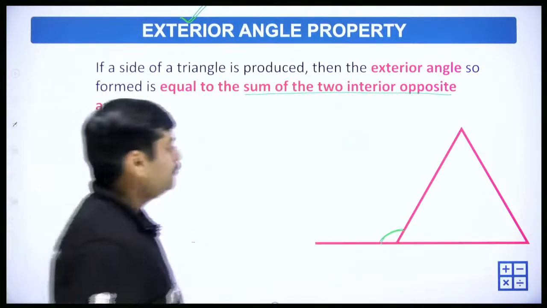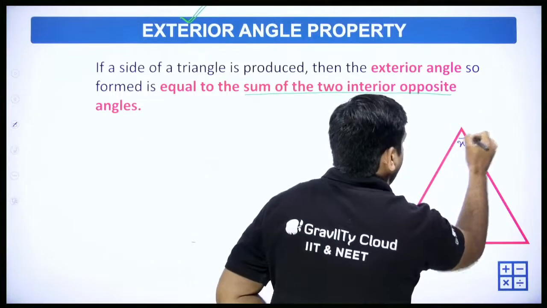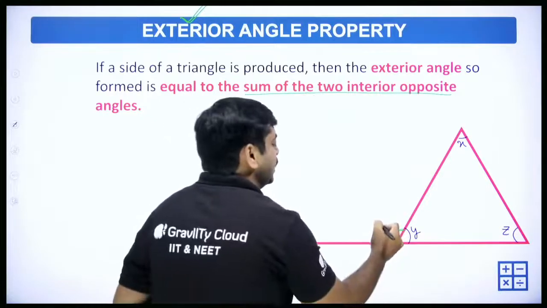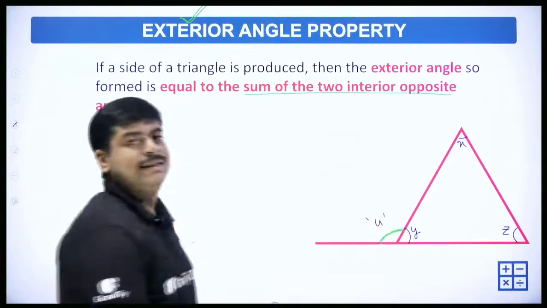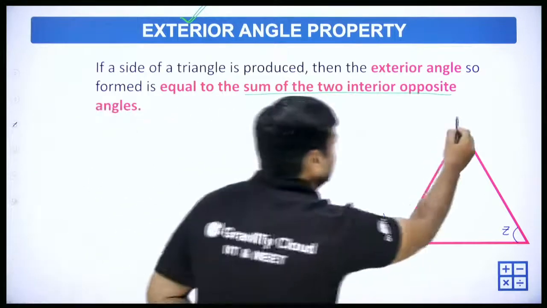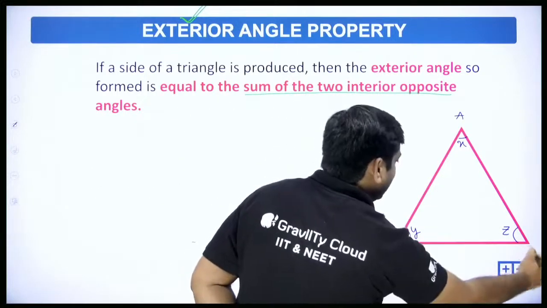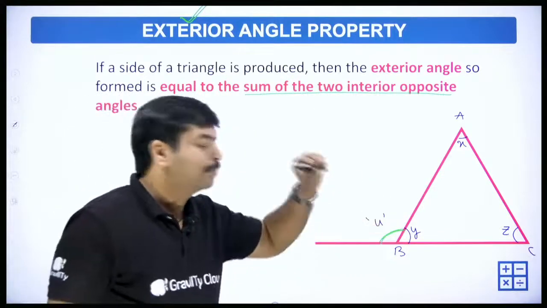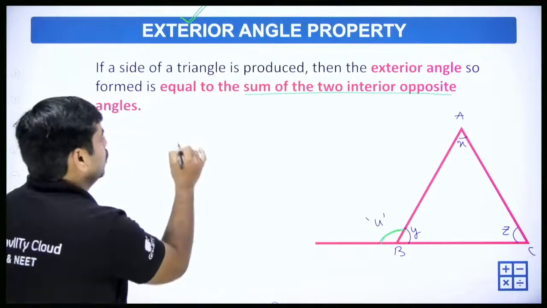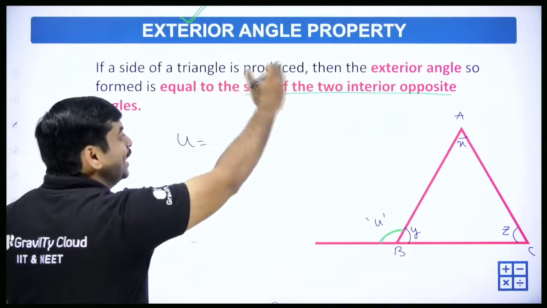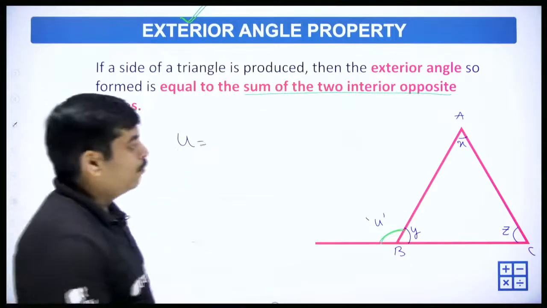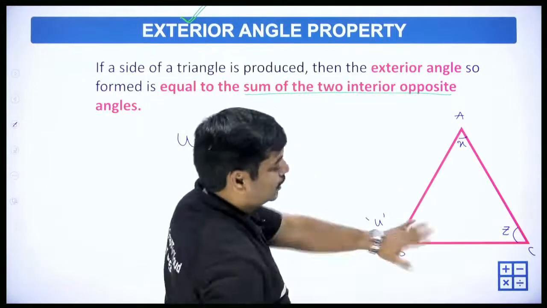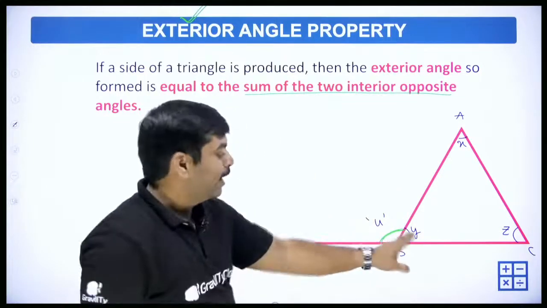That means, if we say this is angle X, this is angle Y, this is angle Z, and let's say the exterior angle is U. That exterior angle I am taking as U. Okay, in triangle ABC, side BC is extended to get one exterior angle U. This angle U is equal to the sum of the two interior opposite angles. See, U and Y are not opposite.